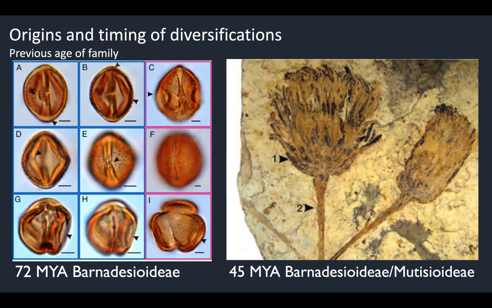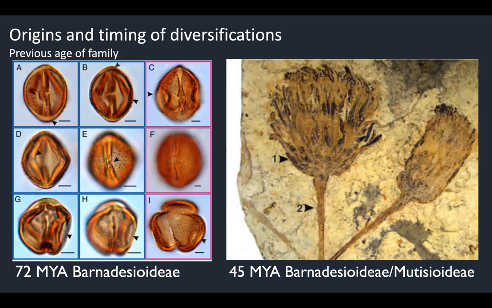Then there was a paper that came out in 2015 by Barreda and colleagues that used a 72 million year old fossilized pollen attributed to the Barnadesioideae to redate the tree using a molecular clock method, and demonstrated that the family was probably about twice as old as we thought it was. So the family probably originated in the Cretaceous.